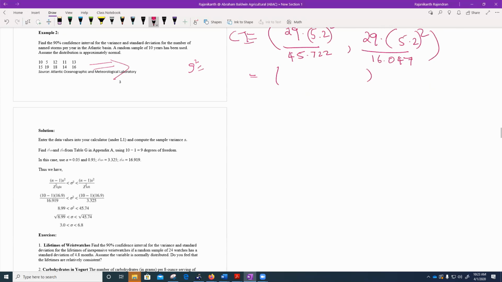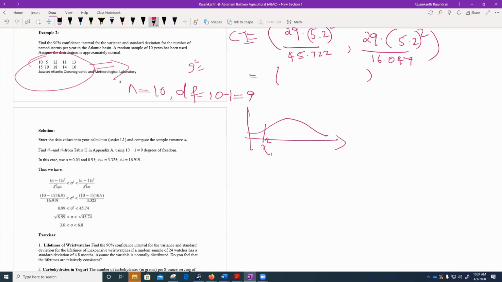So how many data points are given? 1, 2, 3, 4, 5. There are 10 values here, right? Therefore, my sample size is now 10. So degrees of freedom is 10 minus 1, which is 9. So now what is my chi-square values? Say this is my chi-square left.